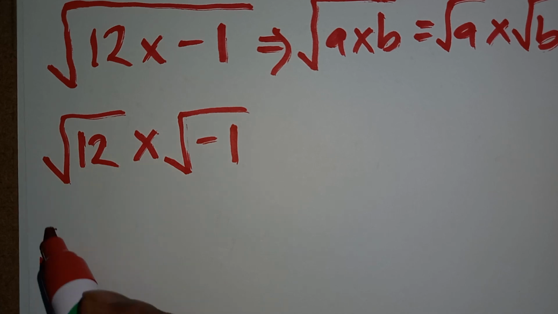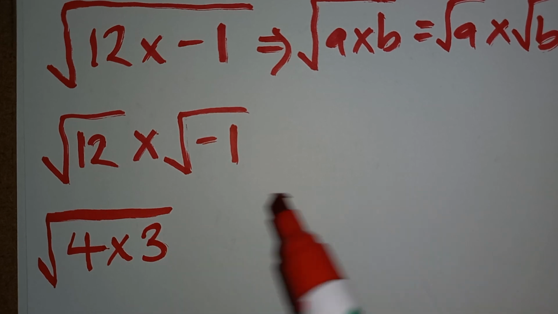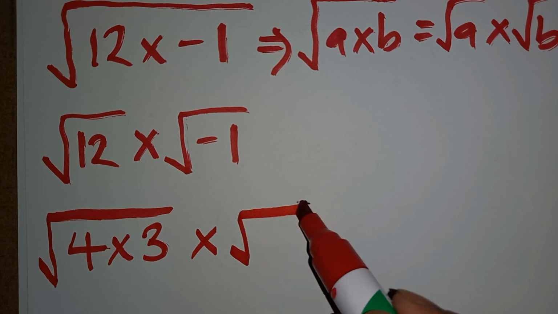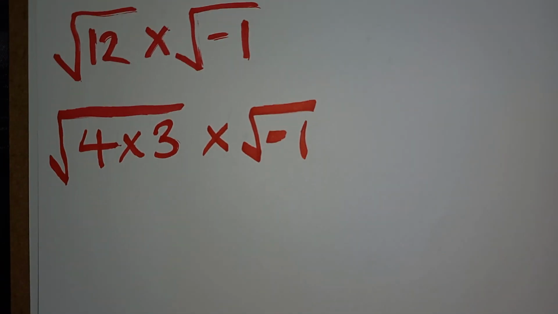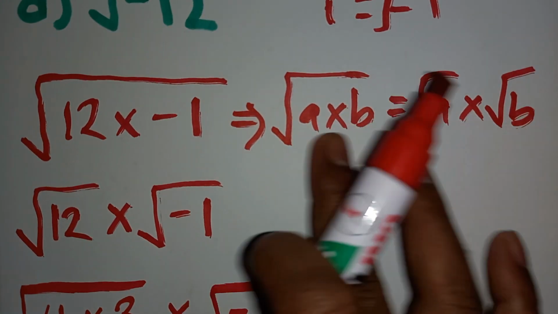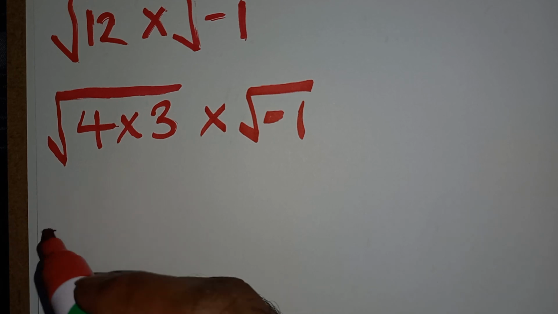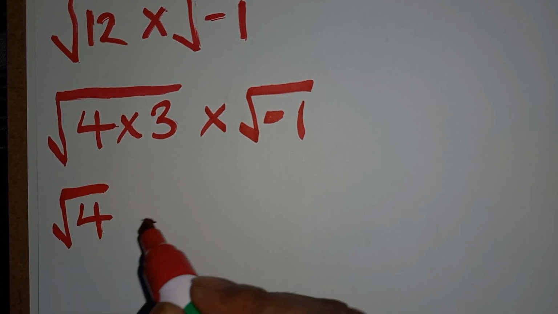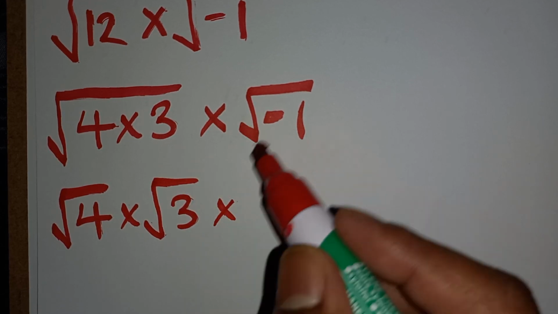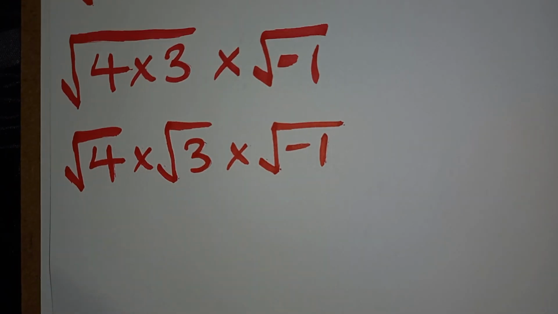We can say root of 4 times 3, right? This will take care of root of 12, and root of negative 1 is still there. Now we can apply the same rule here again. So this time we will have root of 4 times root of 3, and then of course we have our main boy here, root of negative 1.